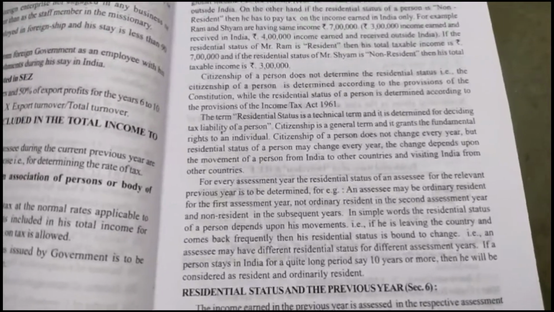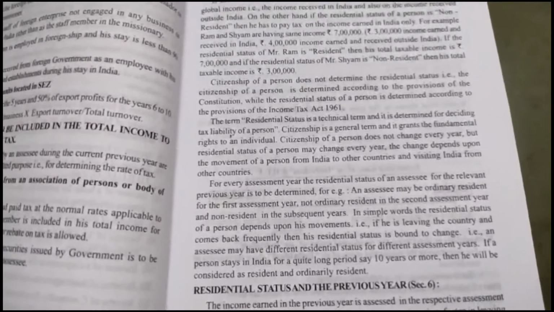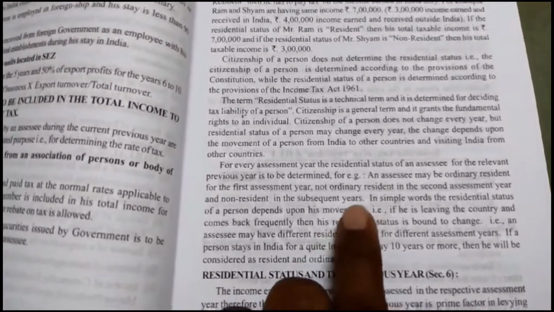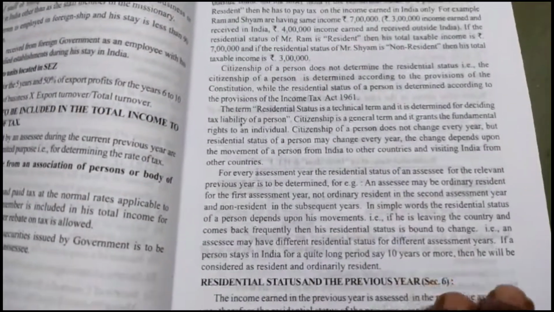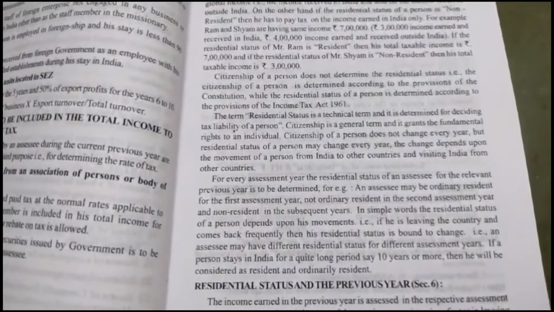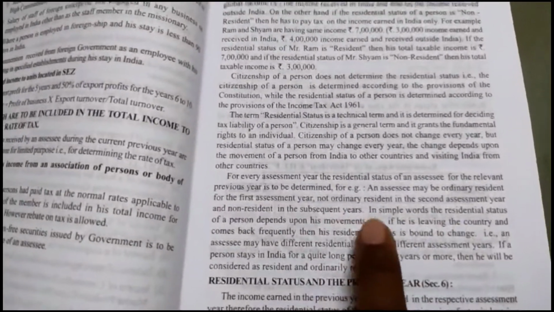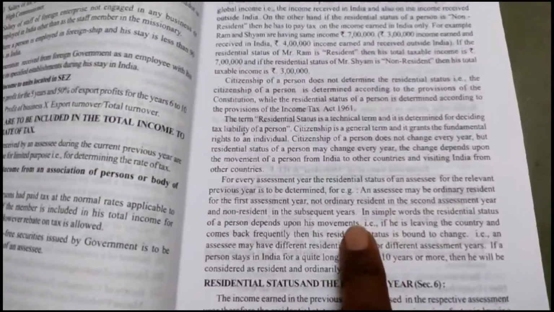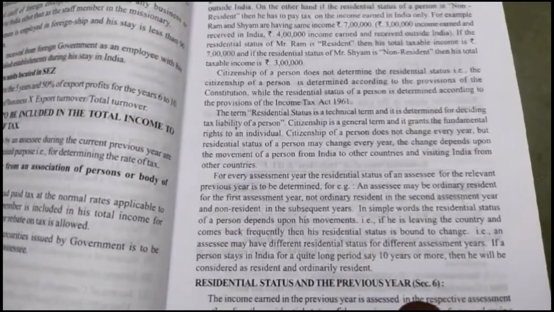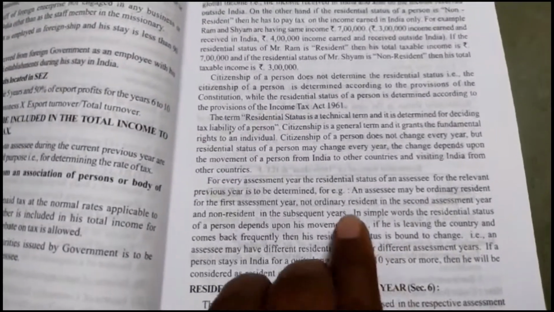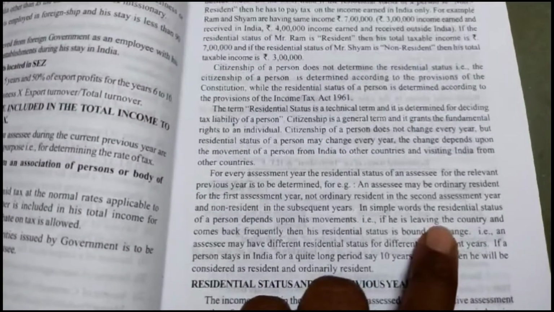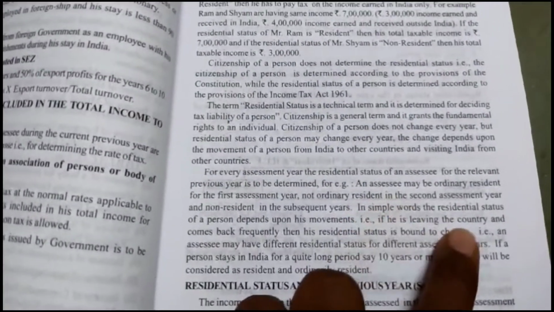So here we can't consider only that 1 year. His residential status will depend on whether he is a resident, ordinary resident or non-resident. It totally depends on how many years he has been in India. There will be a lot of changes for each assessment year. Okay, so that is the point he has given.